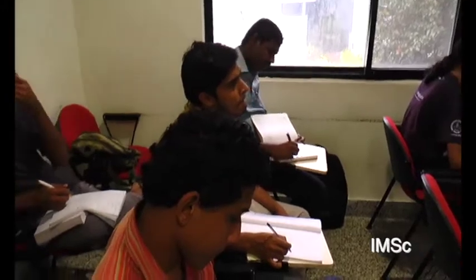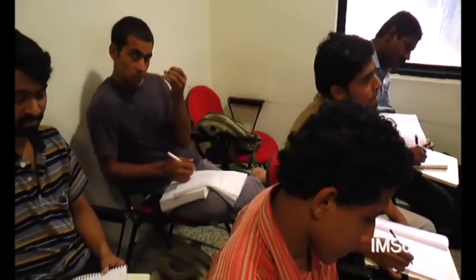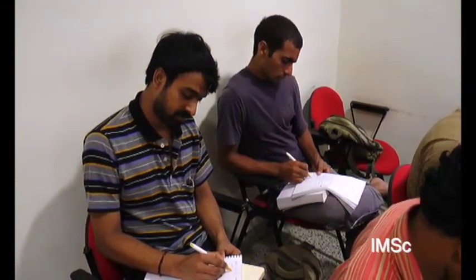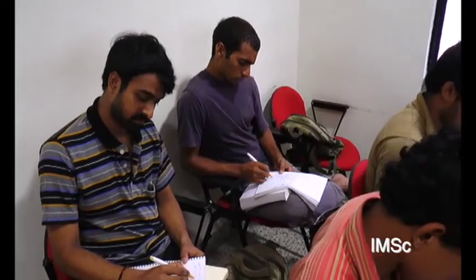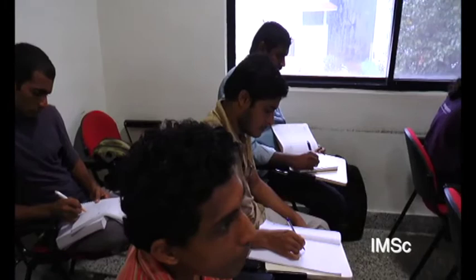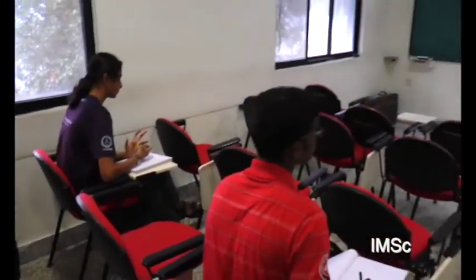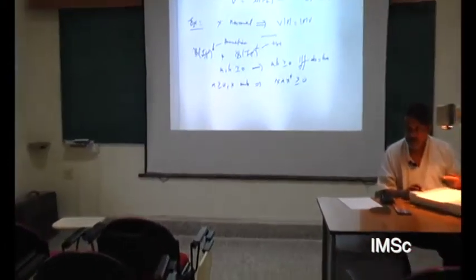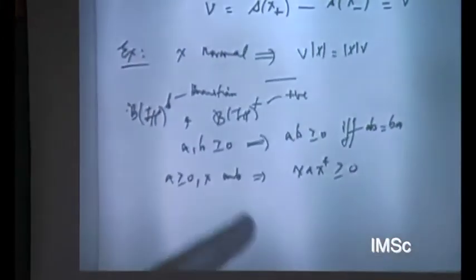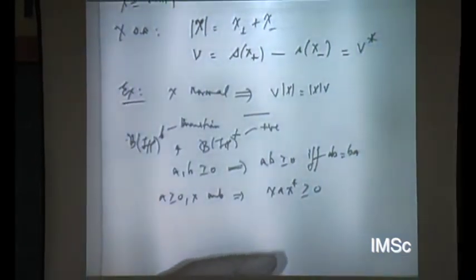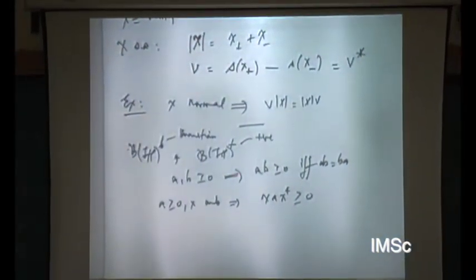And if A is positive and X arbitrary, then X A X star is positive. This will be easy to see because this is clearly self-adjoint, and if you look at the quadratic form, it is really the restriction of the quadratic form of A on something.